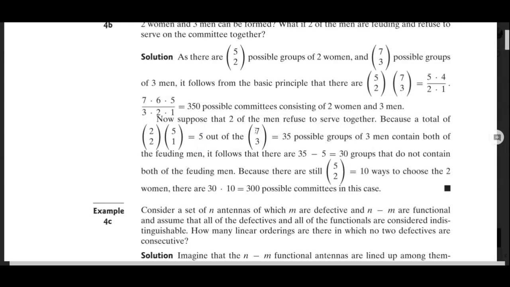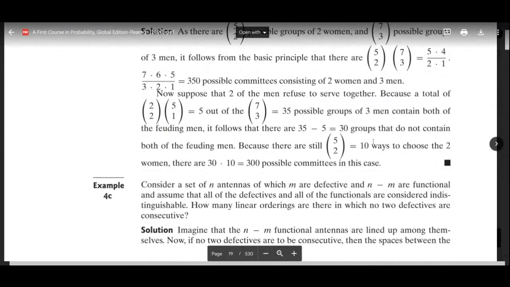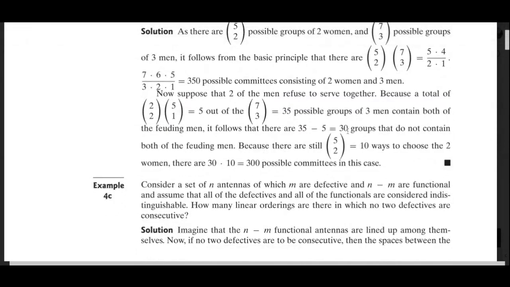But out of 7, choose 3, there are 35 in total. So 35 ways, subtracting the 5 ways the two men serve together, that's 30 ways. So 30 ways do not contain both of the men. So those two men are not going to work together.